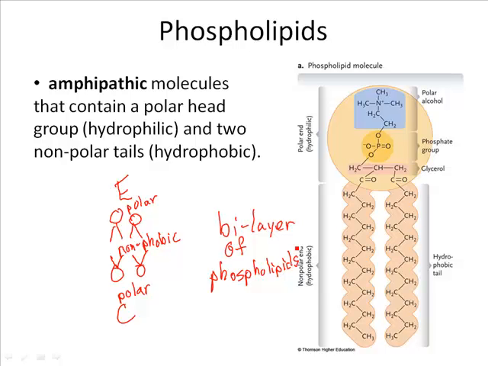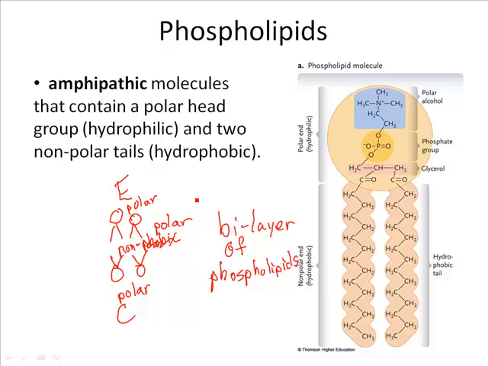Now we've seen that here in the case of these phospholipids, where these fatty acid non-polar tails are going to shield themselves from water and interact through hydrophobic interactions.